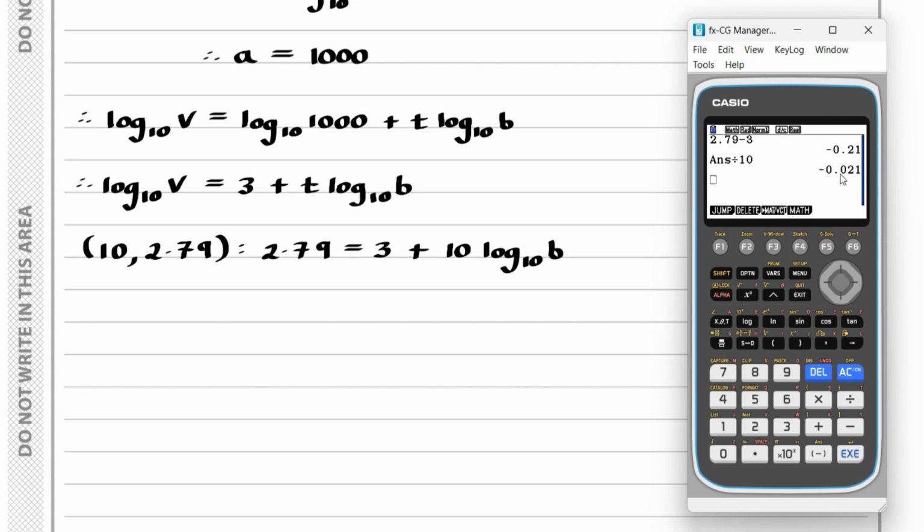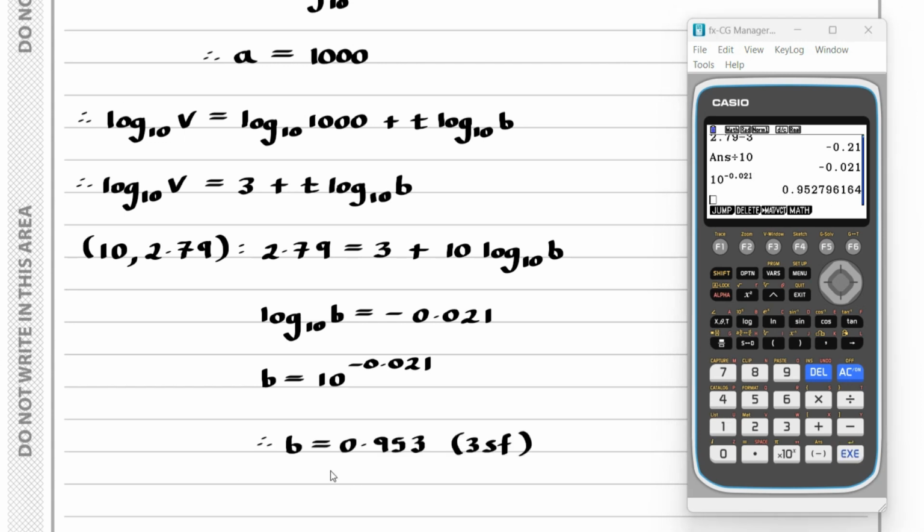We end up with negative 0.021, which means log base 10 of b is equal to negative 0.021. And if we anti-log to find out what b is equal to, 10 to the power of negative 0.021, which is 0.952, etc., which means b to three significant figures is 0.953.